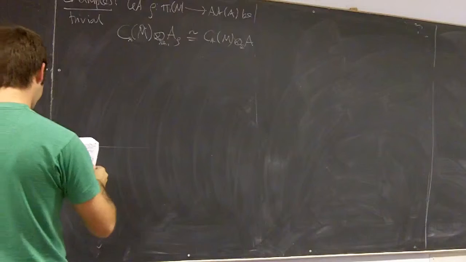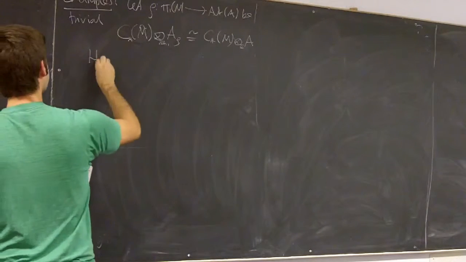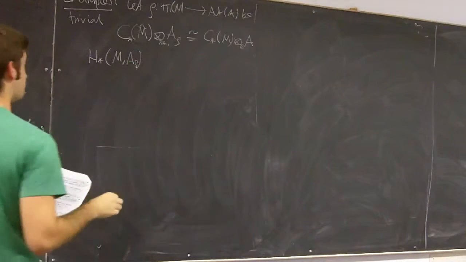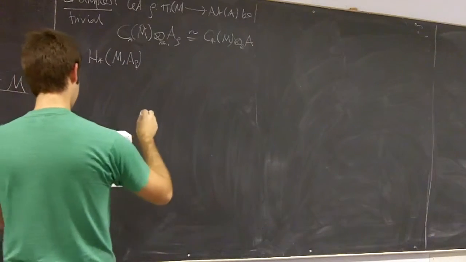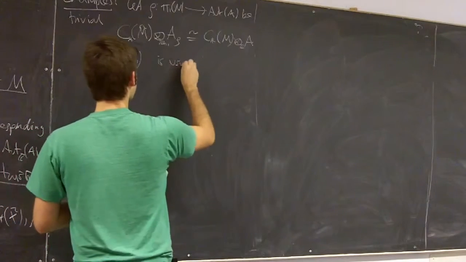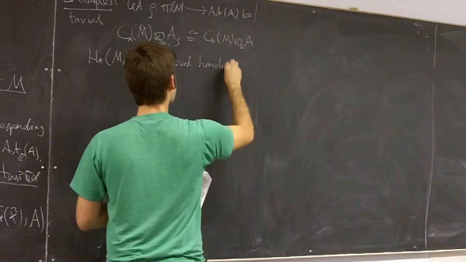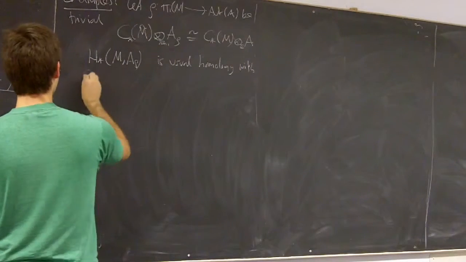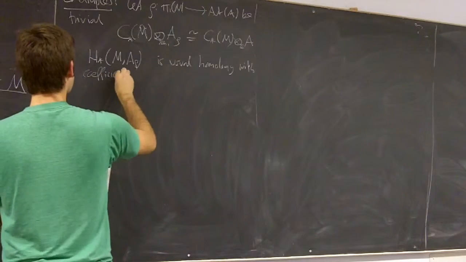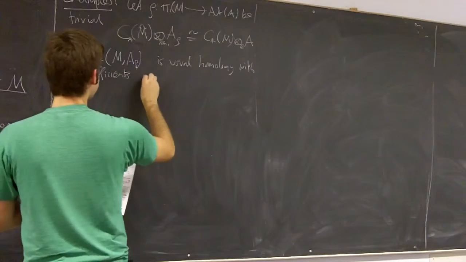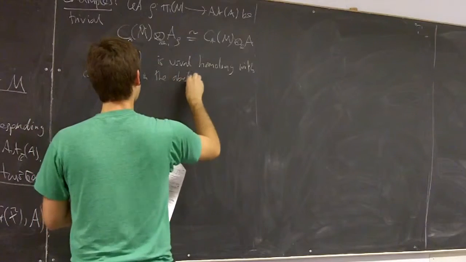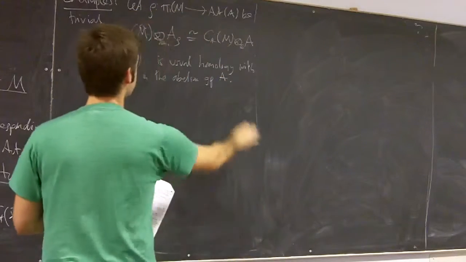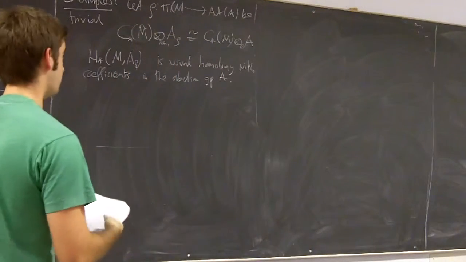So in particular, if we then look at this homology twisted by rho, this is just usual homology with coefficients in A. Well, coefficients in the abelian group A, forgetting the module structure, where this is defined as the homology of that chain complex.